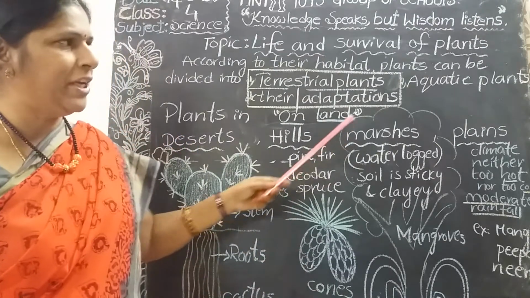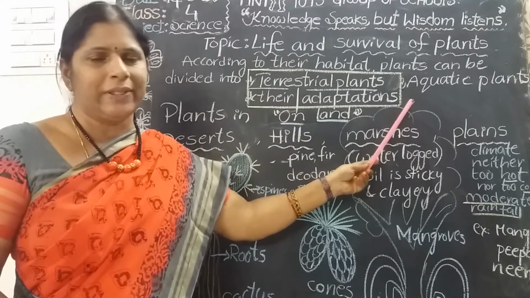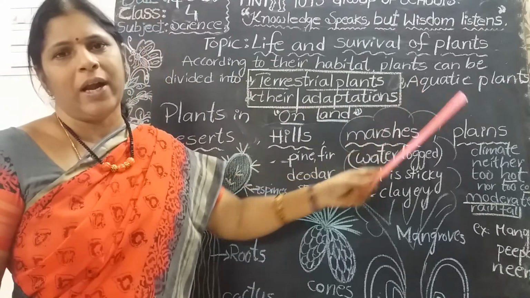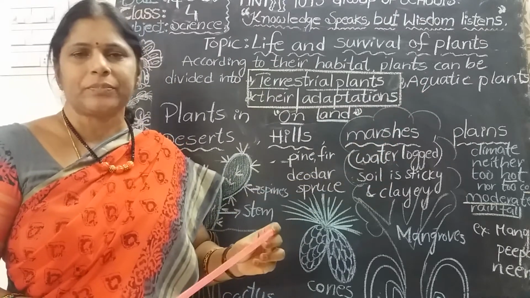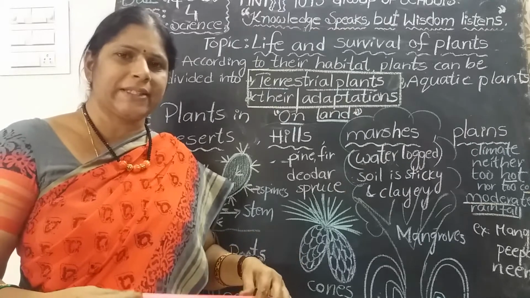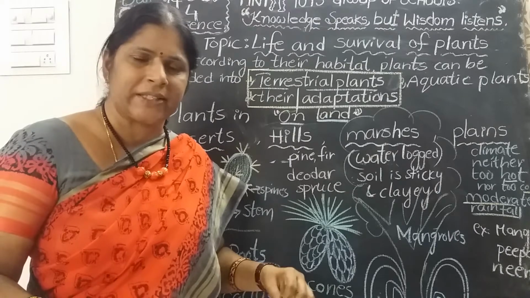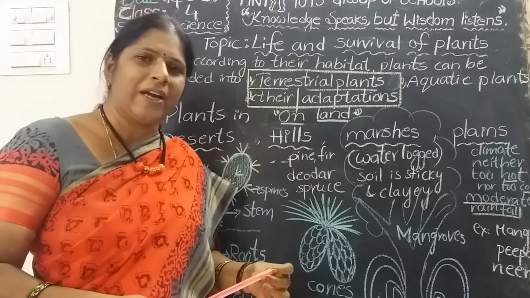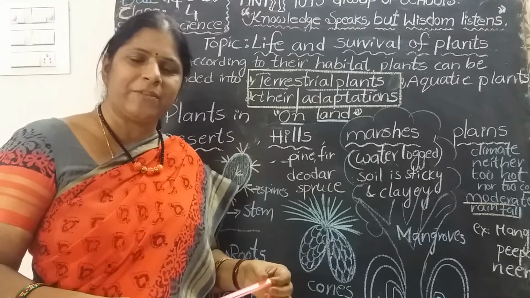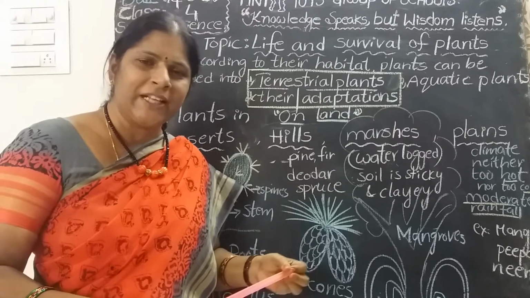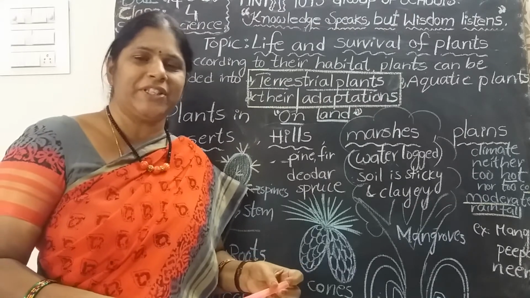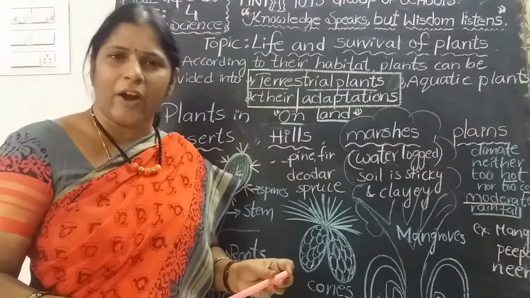Many plants also live and grow in the water and they are called aquatic plants. So today we will discuss the terrestrial plants and their adaptations. Adaptation means what? The process of adjustment to particular surroundings by developing special features is called adaptation.